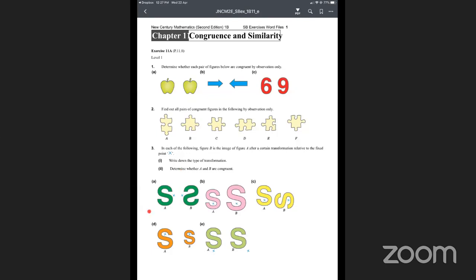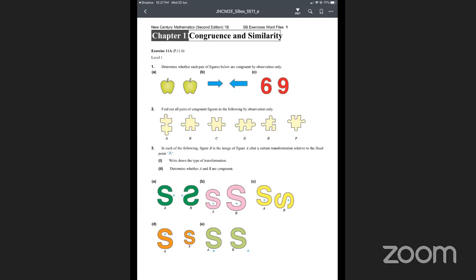It does not only need the knowledge of this chapter, it also needs what you have learned in other chapters. That's why you need to identify the type of transformation. We learned transformation before.